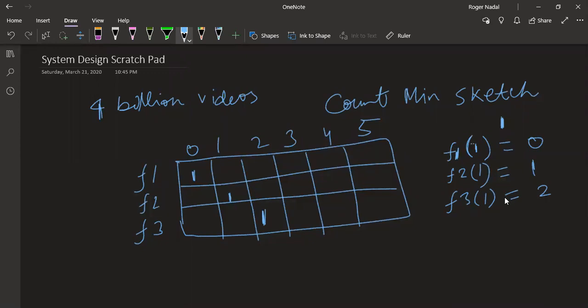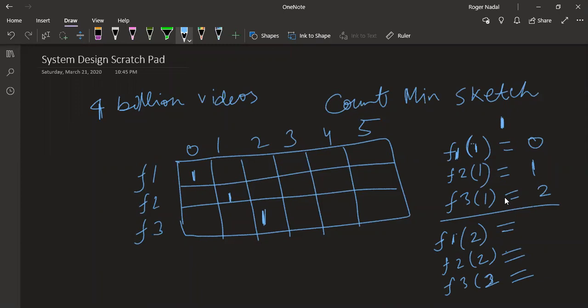Now, let's put another video, video ID 2. For that, let's do the same thing: F1 of 2, F2 of 2, and F3 of 2. Don't tell me 0, 1, 2. That is too bad, because if different IDs all go to the same bucket, it's not a good hash function.